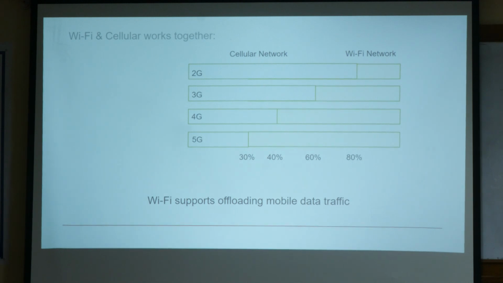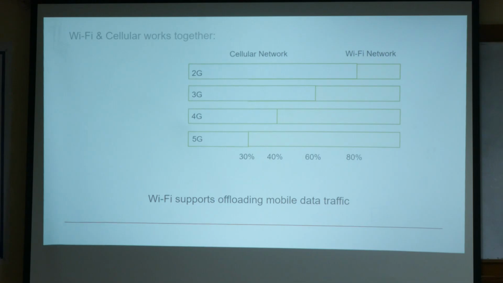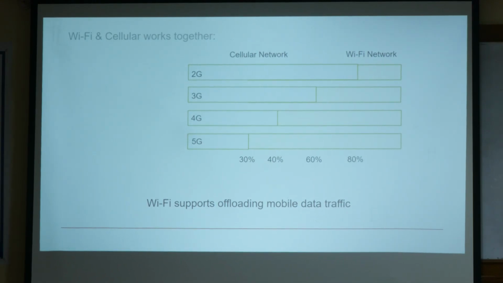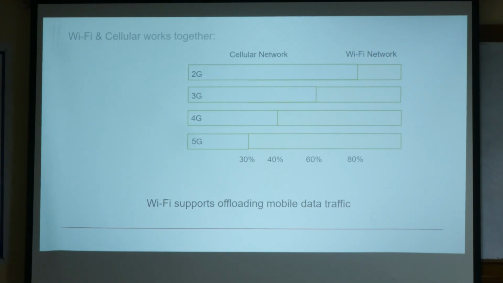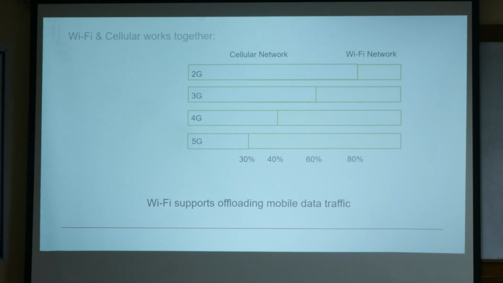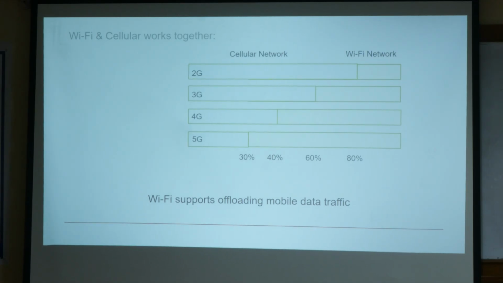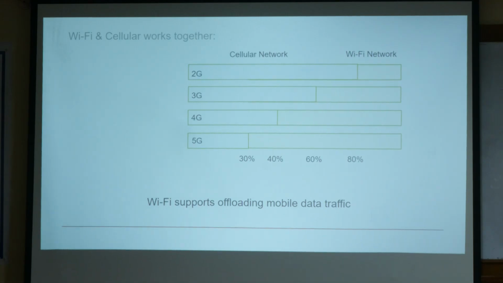The spectrum they are buying, they keep it aside, and what is free, they try to move your data onto it, so that this spectrum can be given to more users and they can increase the user base in the network. That's how it has to work, because the money spent on the base station is not a few 10 rupees or crores. It is over 1 lakh crores that are being put into the base stations, right?